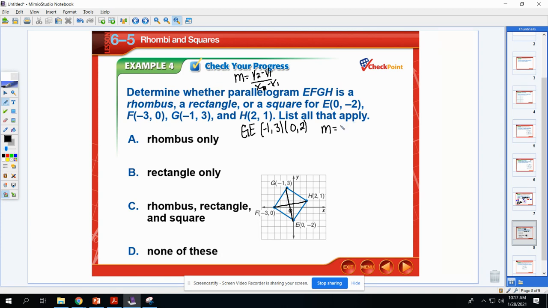So I'm going to say here negative 2 minus 3 over 0 minus a negative 1, or 0 plus 1. So simplifying this, negative 5 on top, 1 on the bottom. So our M for GE is going to equal negative 5.